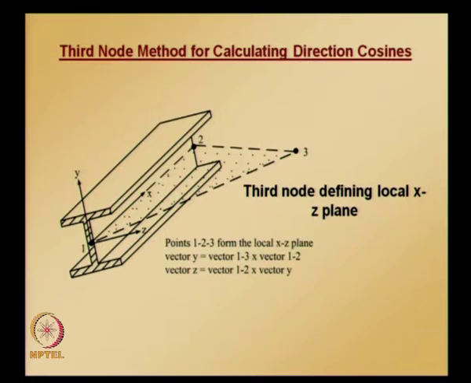So, using any of these two techniques, that is either rotation angle method or third node method, we can calculate the rotation matrix, and once we get the rotation matrix, the element equations in the local coordinate system can be transformed into the element equations in the global coordinate system.